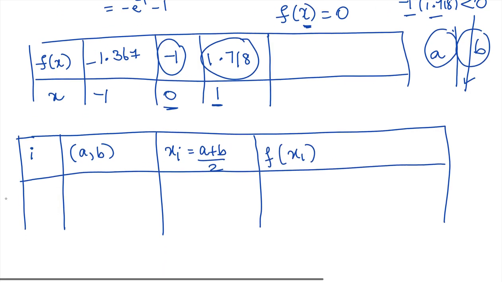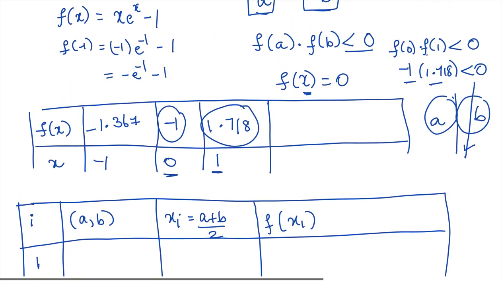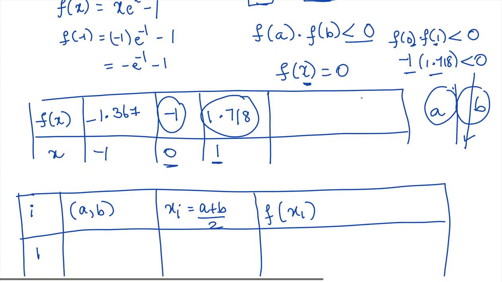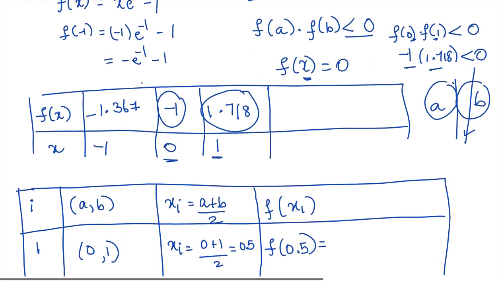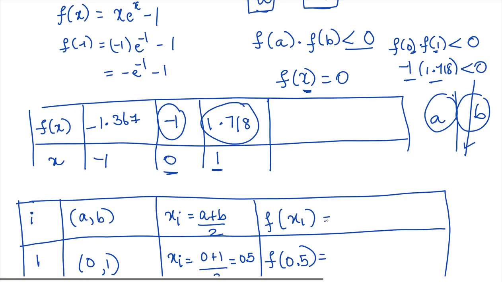Now in the first step, what is our a and b? a is 0, b is 1. The interval is 0, 1. So what will be xi? 0 plus 1 by 2, which is 0.5. So now what is f of 0.5? f of xi is xi e power xi minus 1, right?